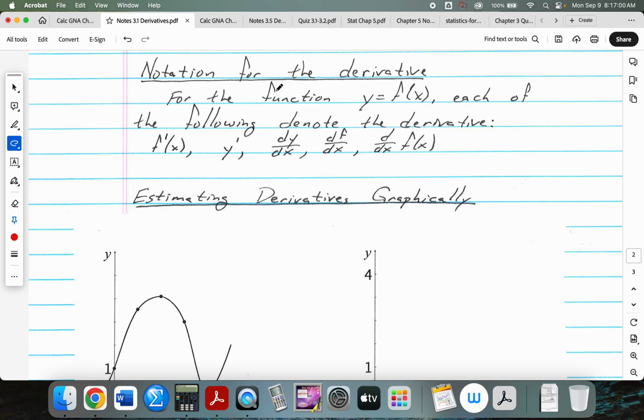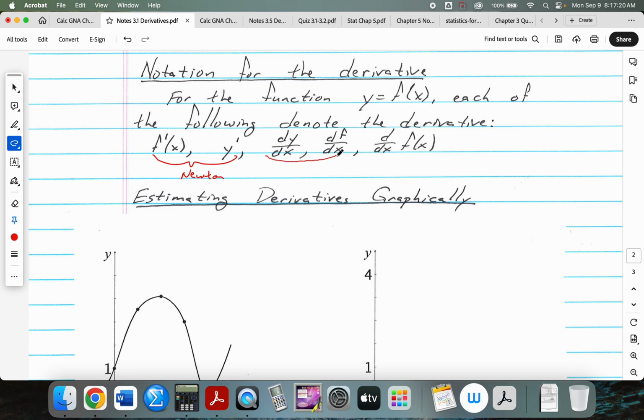But for the function y equals f of x, each of the following denotes the derivative: f prime of x or y prime. These are both Newton. You don't need to know that, but these are both Newton. He did all the stuff with primes.